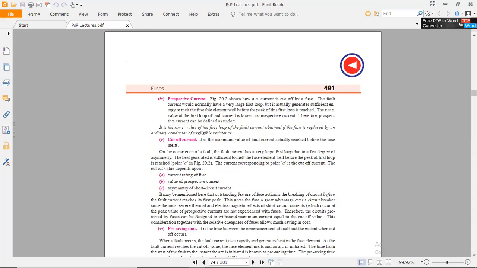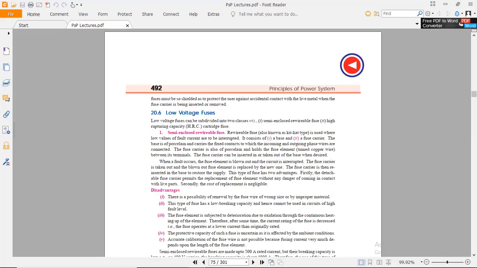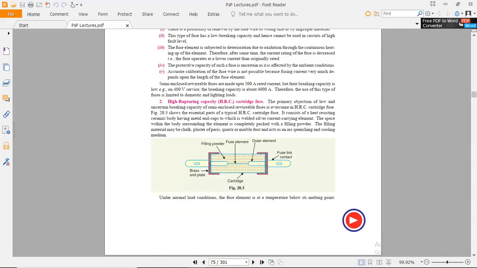And further, the scenarios respective of current and pre-arcing stages are also there. So a fuse looks like this. You can see this is the housing of the fuse and the terminal fuse link, which are made of metal. Further, the internal housing of the fuse is made of the fuse element conductor.